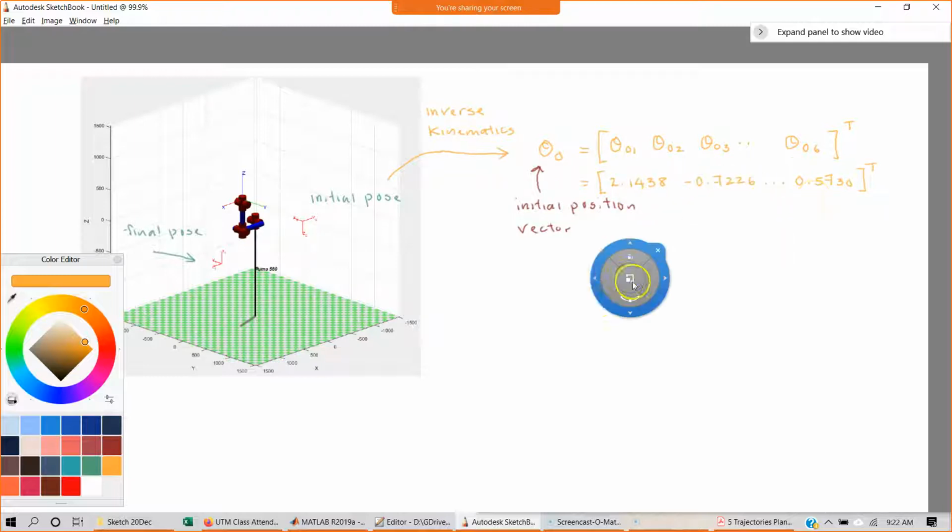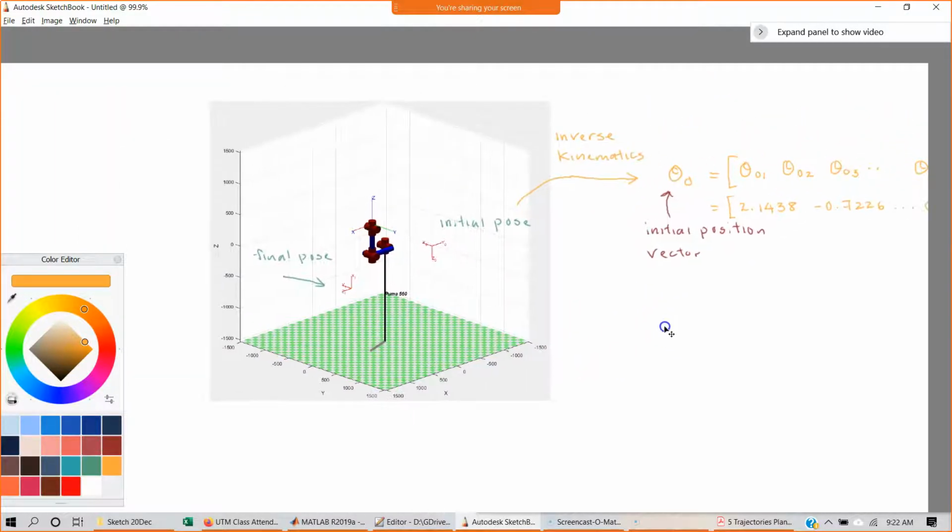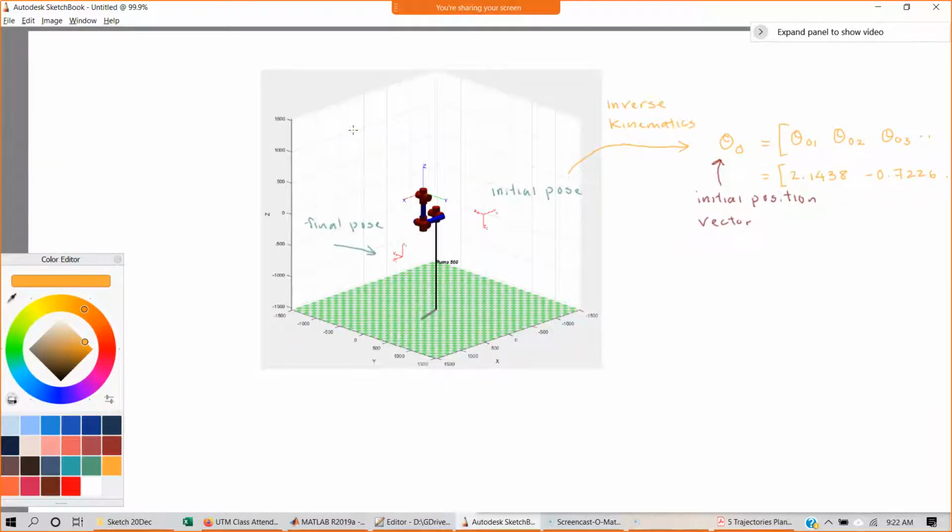Okay. So similarly, we should do the same for the final pose. So from here, using inverse kinematics, we can obtain the configuration of the robot arm, which means the joint angles, the angles of every joint at final pose.